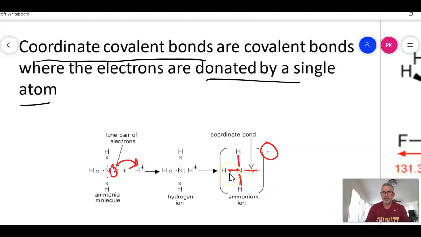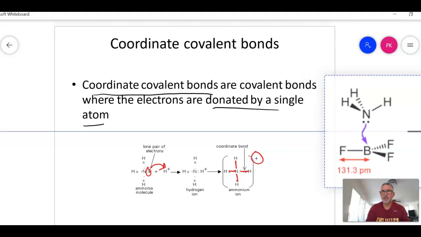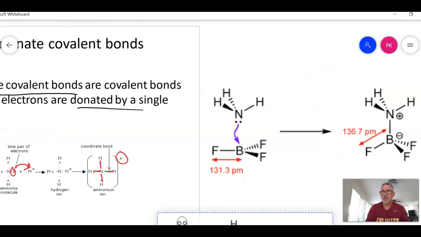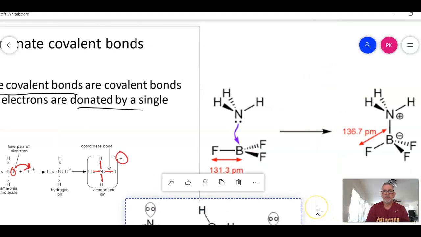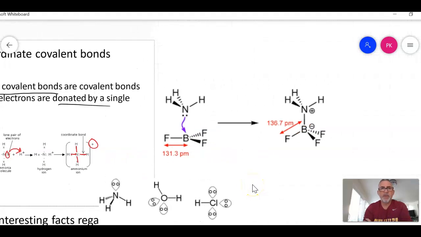To give you another example, I've got boron trifluoride here, and I've got ammonia here. And same thing, they'll come and bond together, and ammonia will donate its 2 electrons to bind boron.